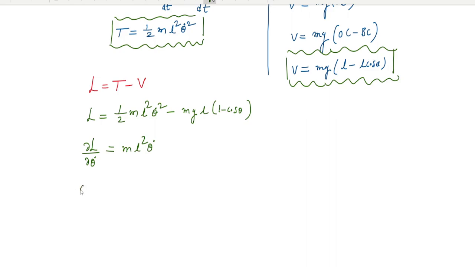Second, dou L divided by dou theta: I'm going to differentiate the entire equation. The first term is going to 0. This one is minus mgL times minus sin theta, and the minus times minus gives plus. Therefore mgL sin theta.